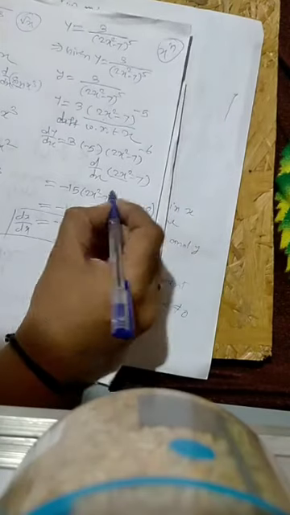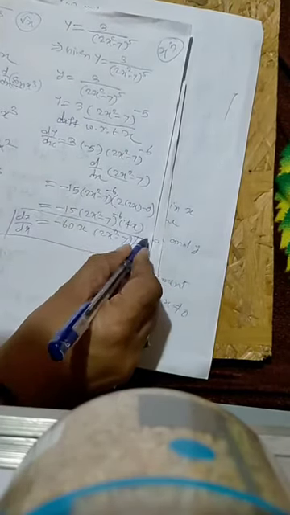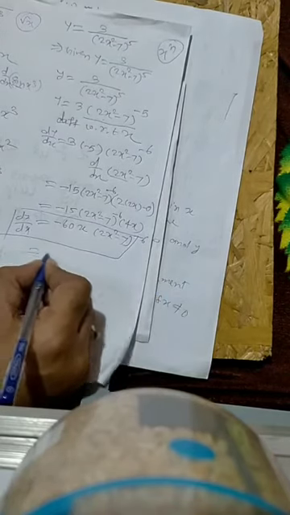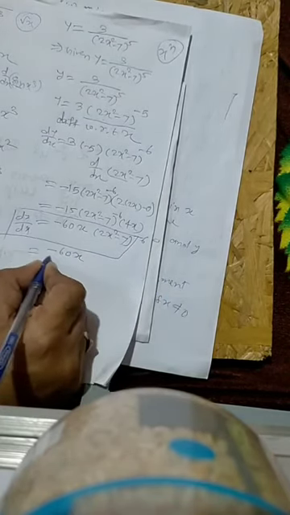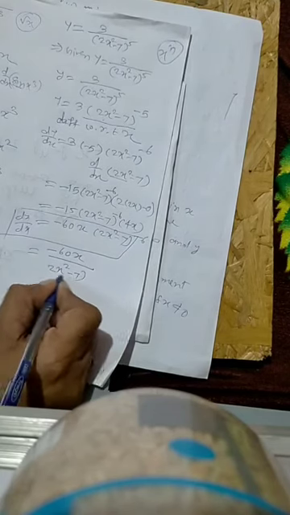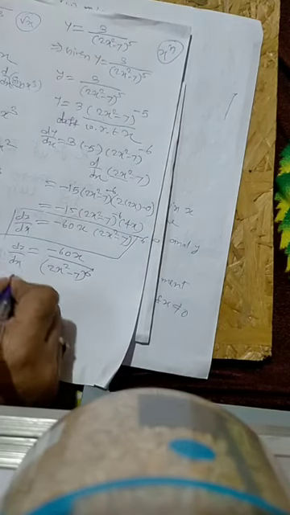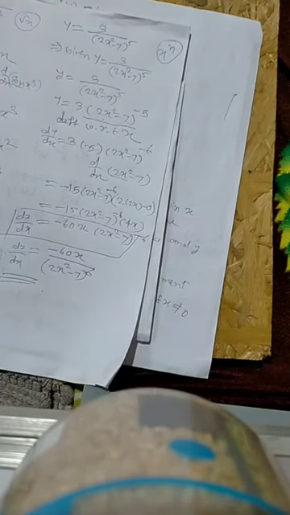So this is equal to minus 60x divided by (2x square minus 7) to the power 6. This is dy by dx, the required derivative.